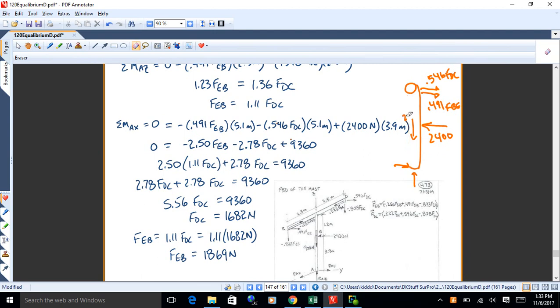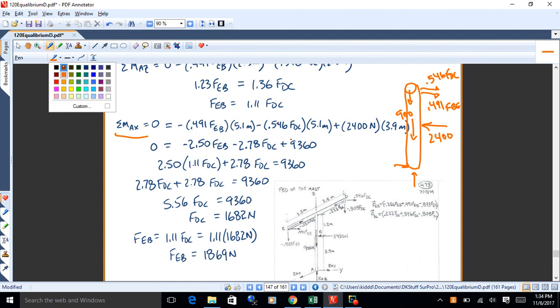And then we've got that 900 going down. We've got some of these Z forces on the mast going down. We got all the reactions down there at the bottom, but really the only things that are causing moments, if we sum moments about the x-axis about point A, are these.